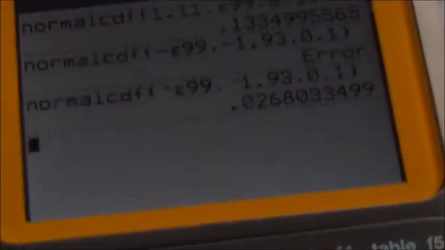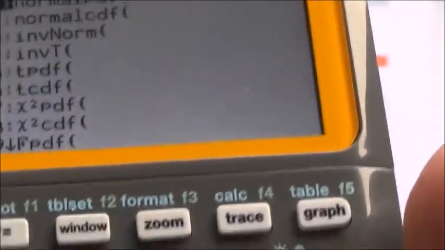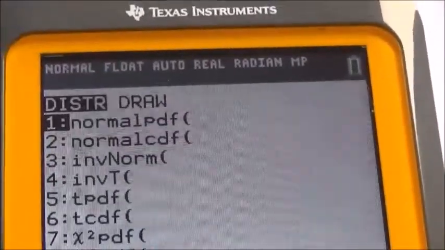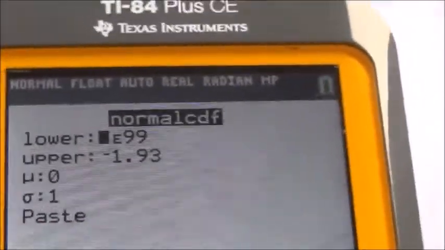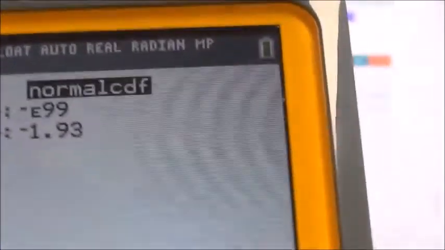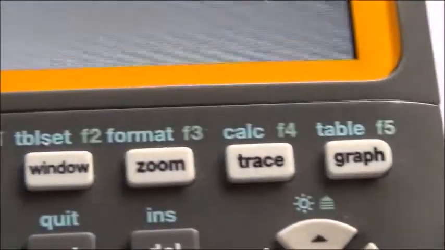So again, I would hit my second function and the distribution menu and do number 2 to get my normal. And if I want to do between two numbers, I'm just going to put in my lower and my upper limit. So I'm going to do between 2.00 and 2.47.